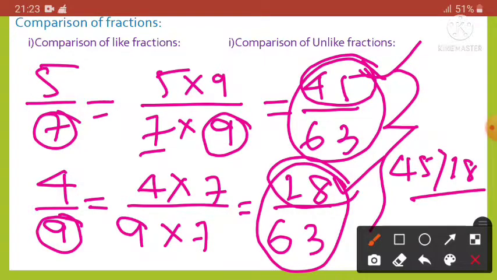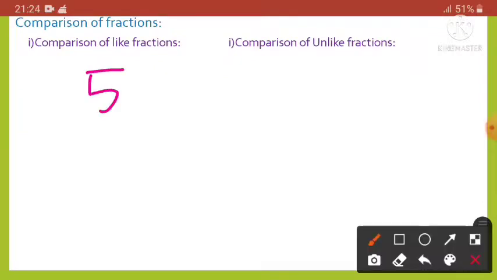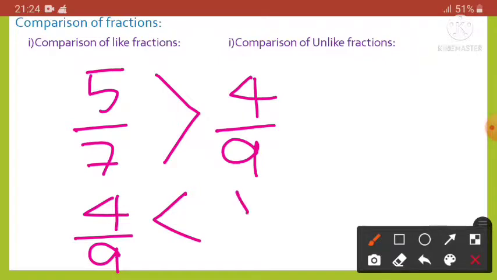As the denominators are same, 63 in both fractions, now we have to check only the numerators. So the numerator 45 is greater than 28, so we can easily say that 5 by 7 is greater than 4 by 9. Got it? We can write 5 by 7 is greater than 4 by 9, or oppositely we can say that 4 by 9 is lesser than 5 by 7.